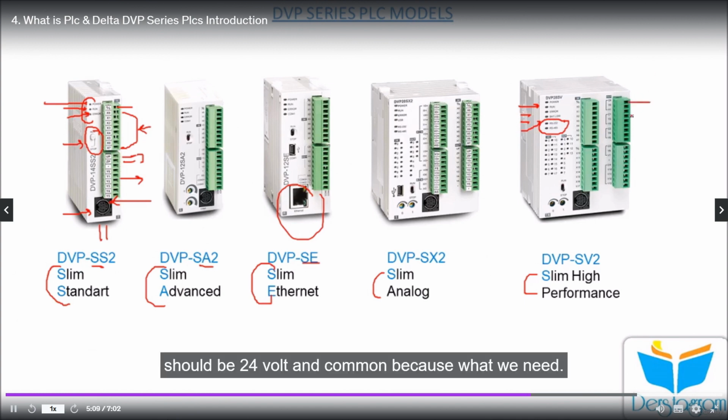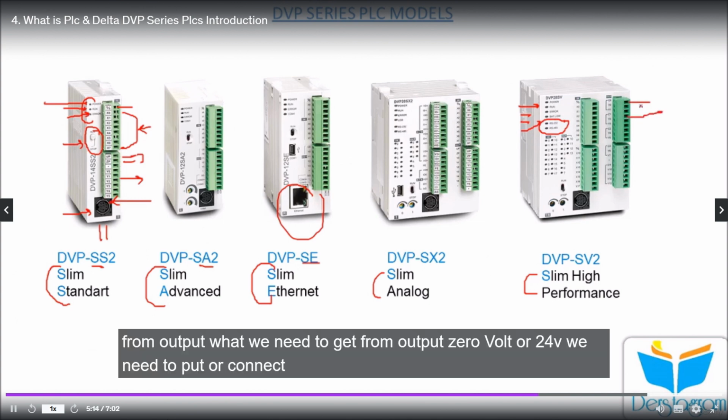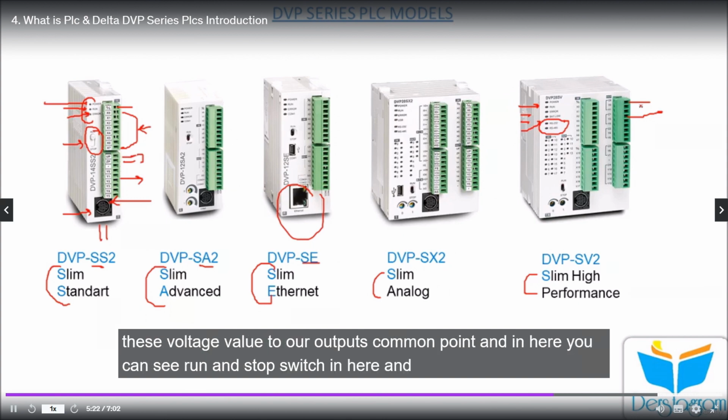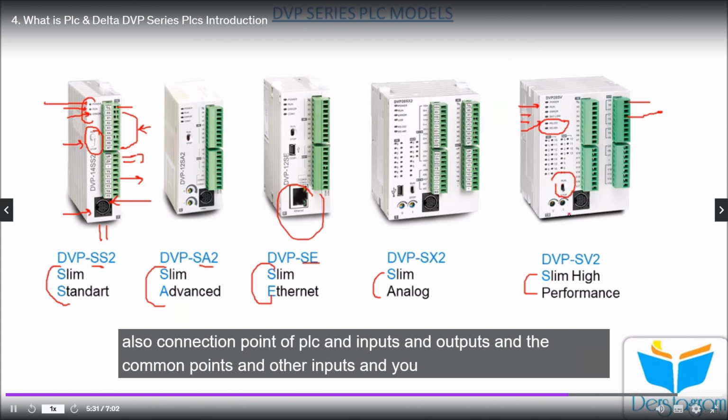These should be 24 volt and common, because whatever we need to get from the output, 0 volt or 24 volts, we need to connect that voltage value to our output's common point. Here you can also see the run and stop switch, the connection point of the PLC, and the inputs, outputs, common points and other inputs.